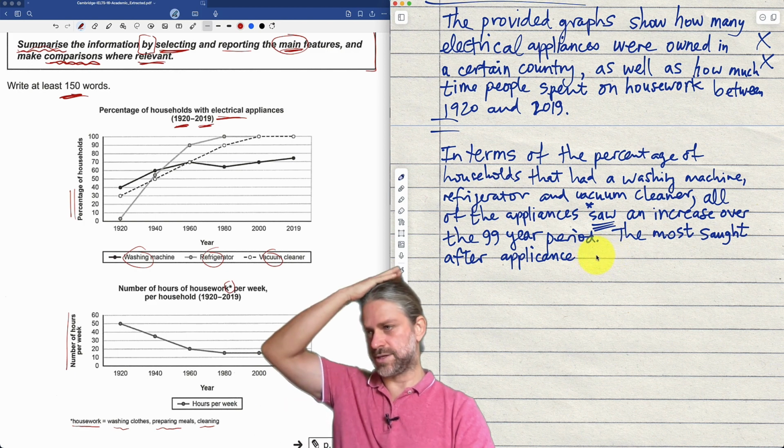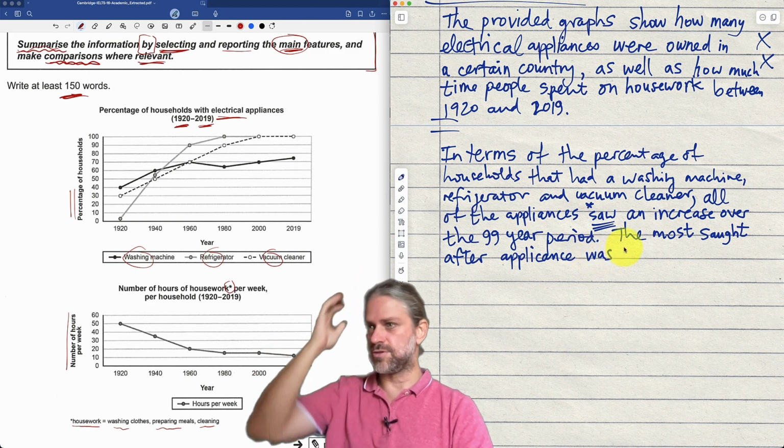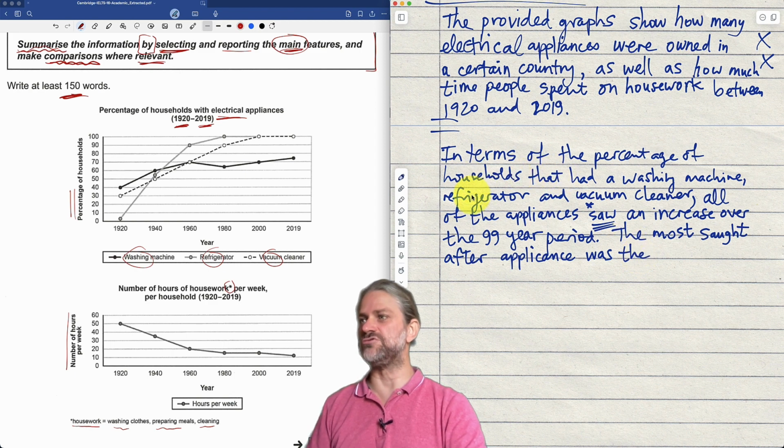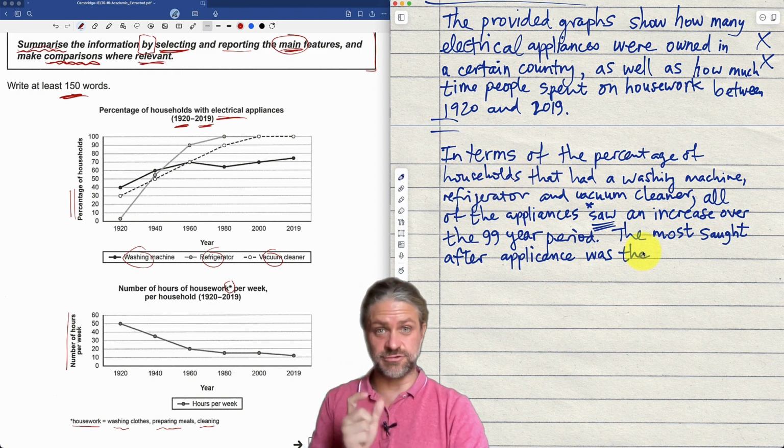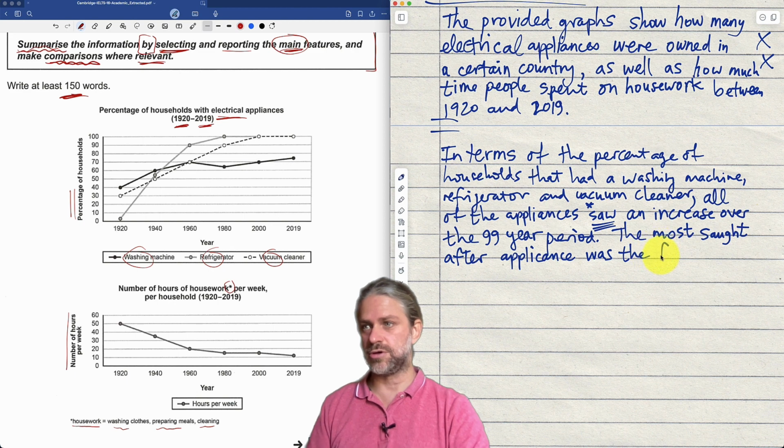The most sought after appliance was, now I don't need to say refrigerator again, because the short word for refrigerator is the fridge.